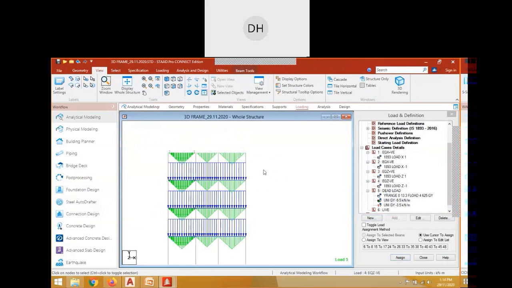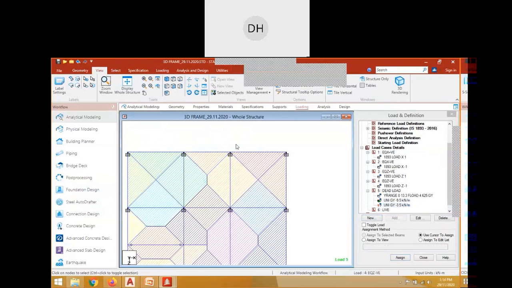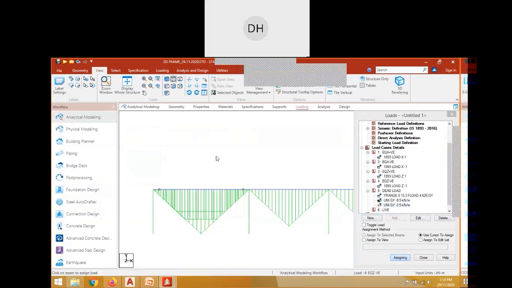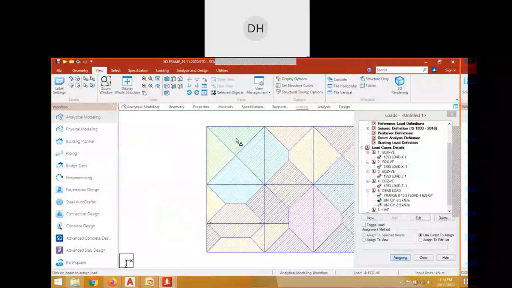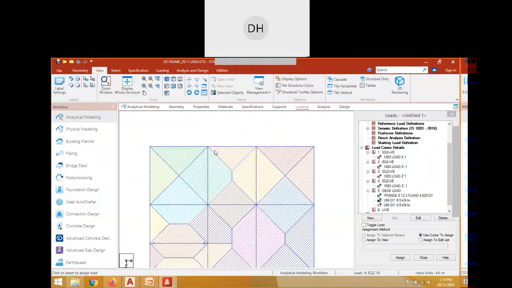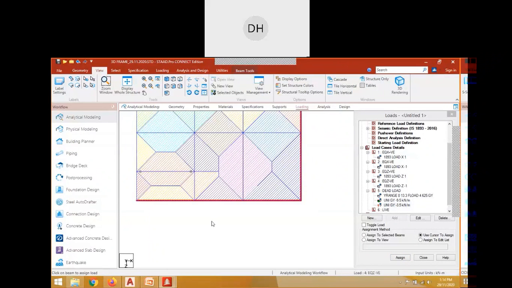Okay, loads are assigned. Now go to the top level, select this top level, go to this next load. Now here I just want to assign this to the peripheral beam only, right? Not all beams. Okay, so I will just isolate this level first, say new structure, create new. Okay, and then on top of this I will just select this peripheral beam. I just want to assign to the peripheral beam only. Okay, this is the parapet because it is a parapet load.